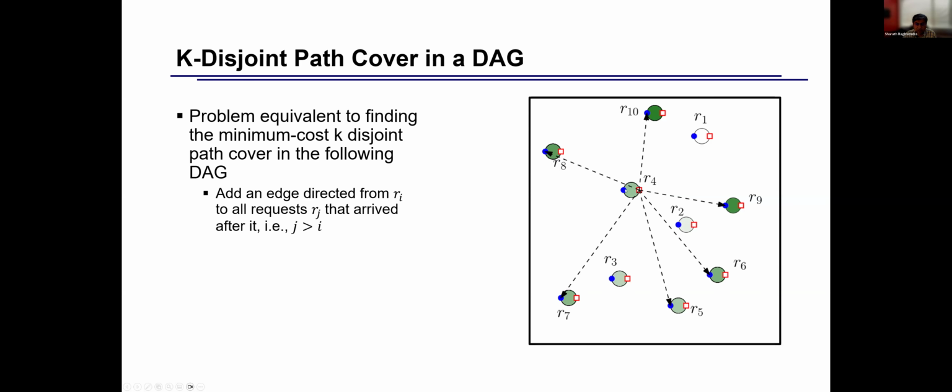The directions go from a lower indexed request to a higher indexed request. If you construct a graph like this, it will be a DAG, because you'll never create a cycle; you'll never come back in time using a directed edge. So the problem now, if you consider this DAG, is to compute a minimum cost k-disjoint path cover in this DAG. So basically, a set of k disjoint paths that cover all the requests.